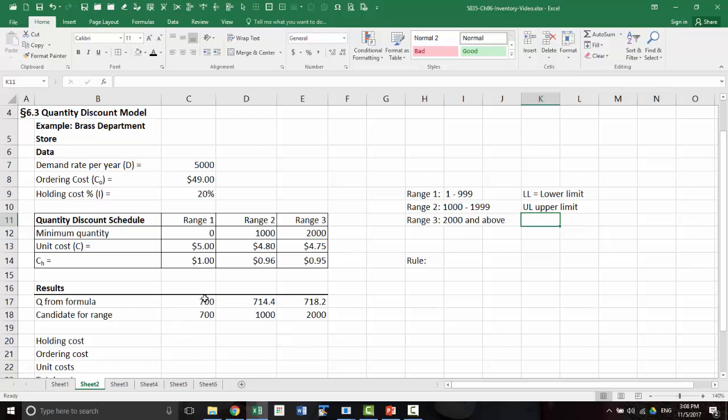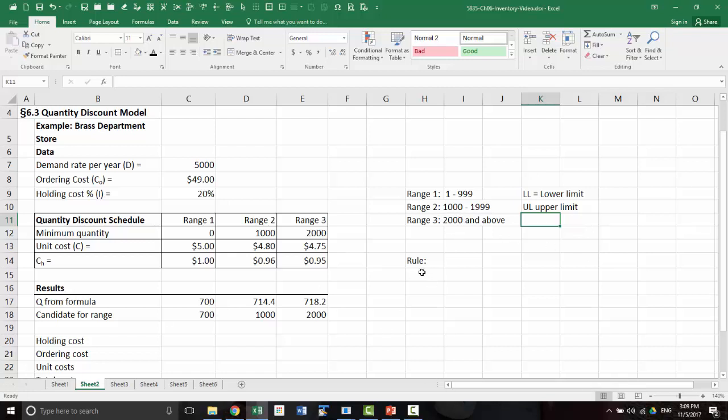For the first range, the lower limit is 1 and the upper limit is 999. For the second, the lower limit is 1000 and the upper limit is 1999. For the third, the lower limit is 2000, with no upper limit.